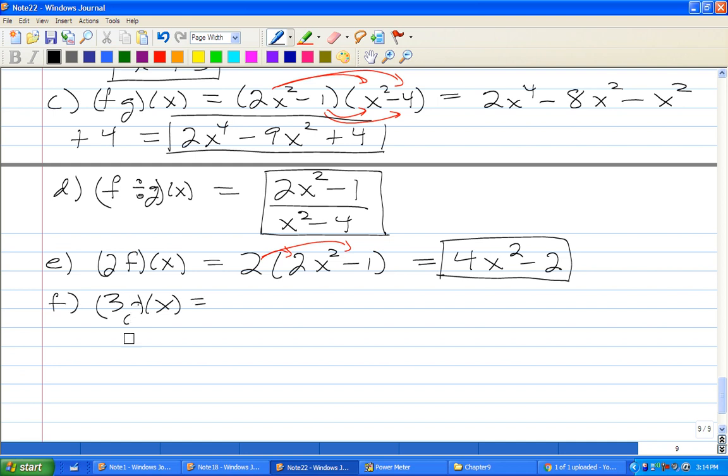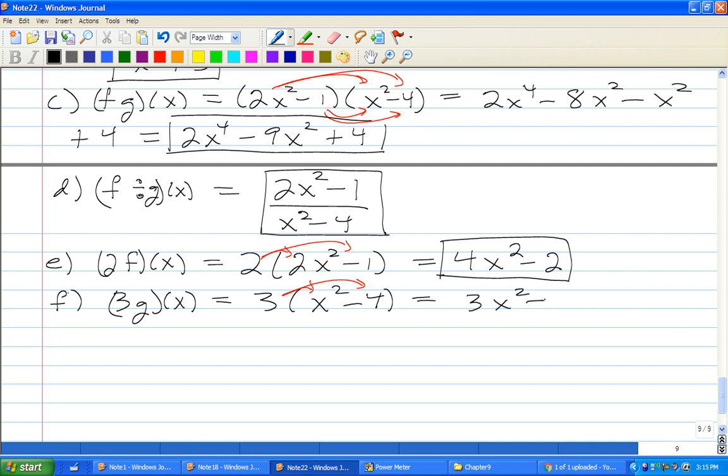Okay, that's F. So 3G. So that's just 3 times G, which is x squared minus 4. And so let me multiply the 3 inside the parentheses. And so I get 3x squared minus 12.